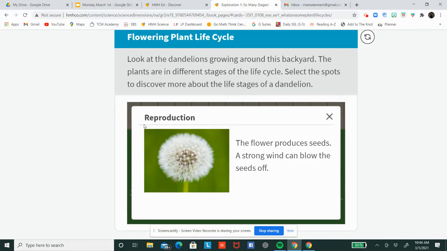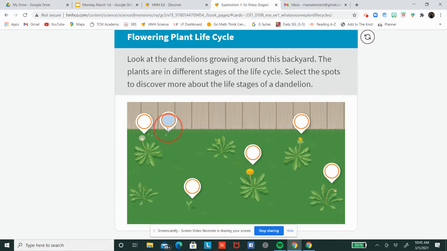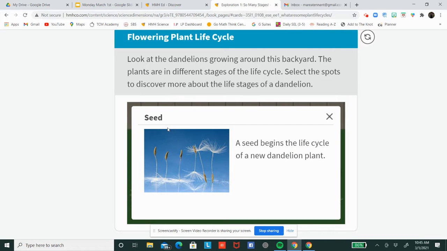We've got one called reproduction, and that's also on your page on 186. So that's when the flower produces seeds and a strong wind can blow the seeds off. We've got the seed, which begins the life cycle of a plant. So if it begins the life cycle, that means it's the first thing that happens.